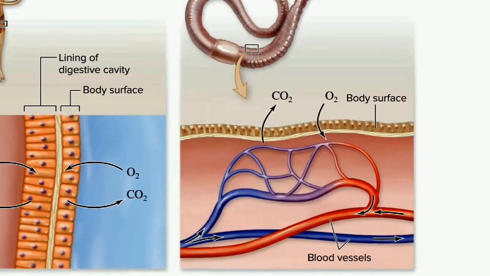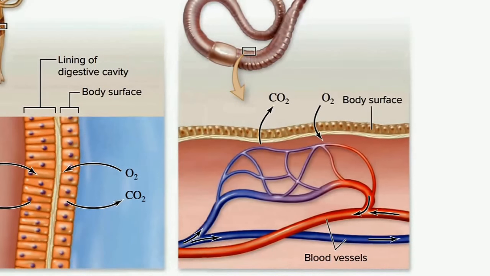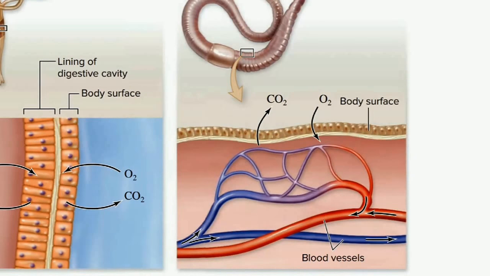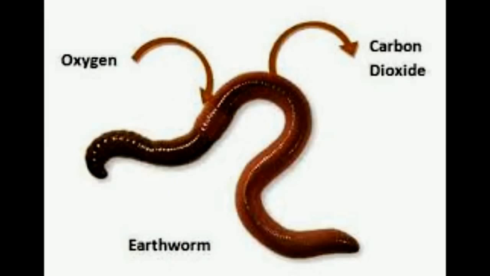And then earthworm, it performs cutaneous respiration. Respiration through skin is called cutaneous respiration, where the skin is moist and it lives in moist burrows, and the skin produces mucus, where oxygen gets dissolved in that mucus and diffuses into the body.